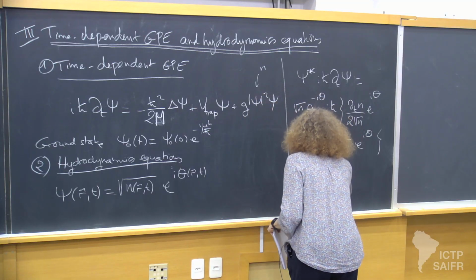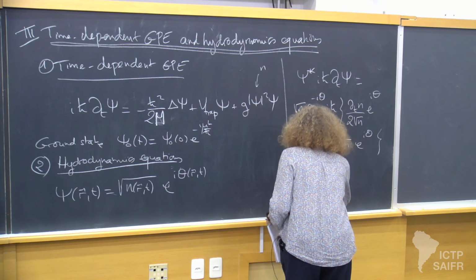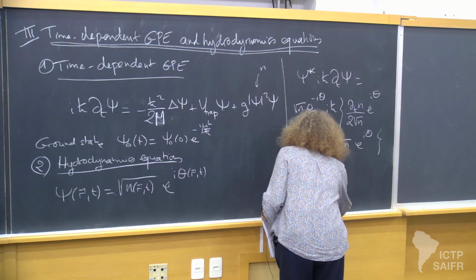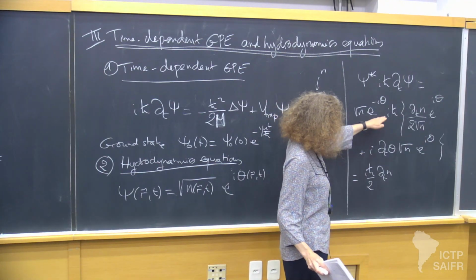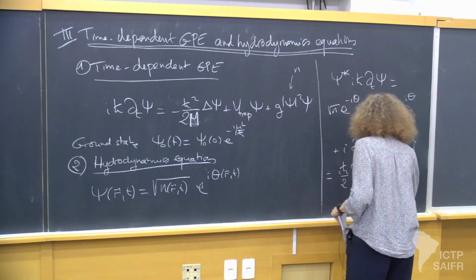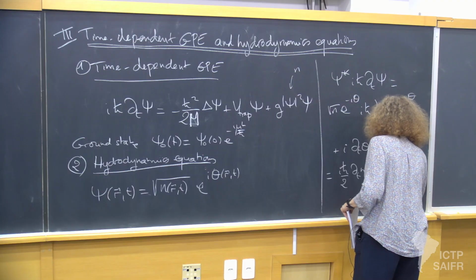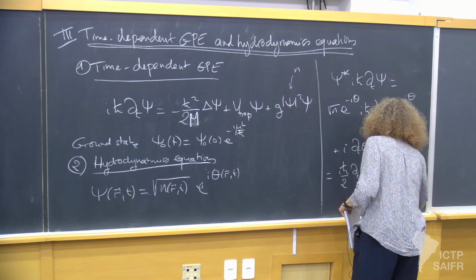I will have i h bar over 2 time derivative of n. And then the two i's multiply, giving minus 1. And so I will have minus h bar time derivative of theta times n.